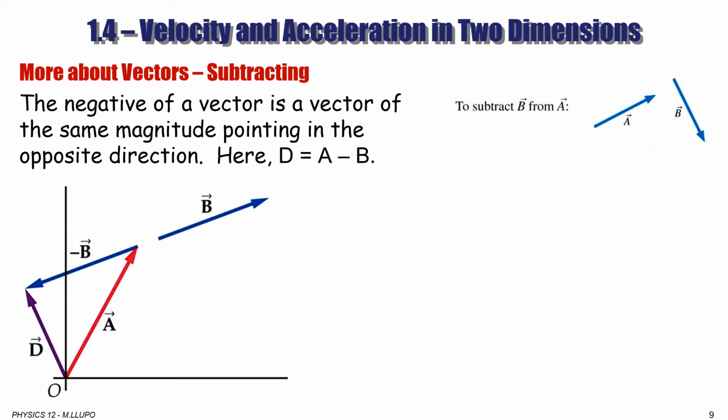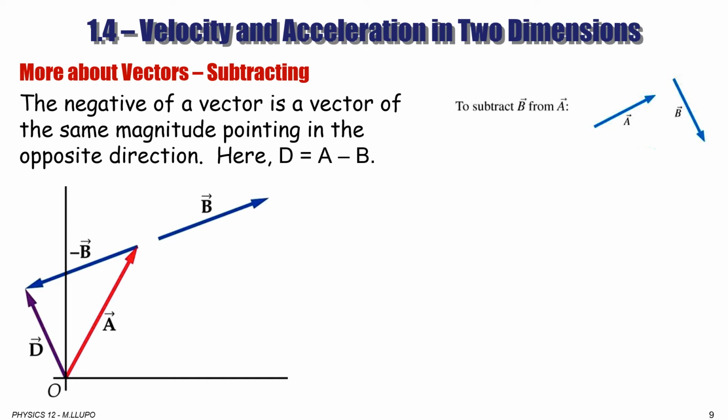But let's do it in a general way: how can we subtract two vectors? If you have a vector A and you have to subtract the vector B from A, what you need to do is add the opposite of vector B. So it's going to be A plus minus B. And you're using that tip to tail rule, exactly the same as when adding any two vectors.